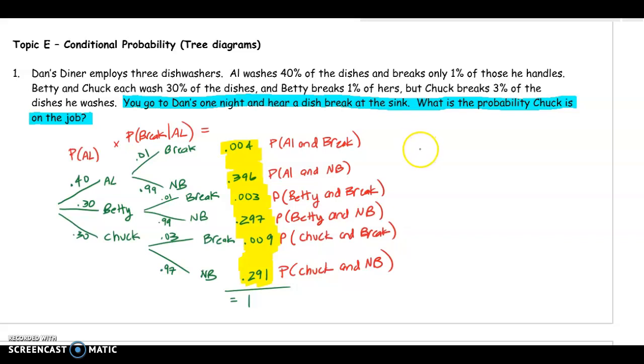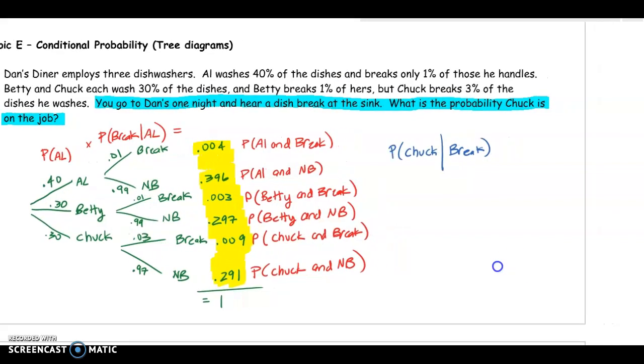So what we're looking for is the probability that Chuck is washing dishes given we know that a dish has broken. Who's back there is what we're looking for. So this is actually a conditional probability.